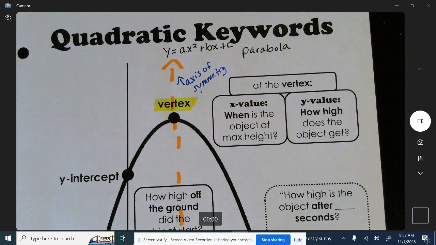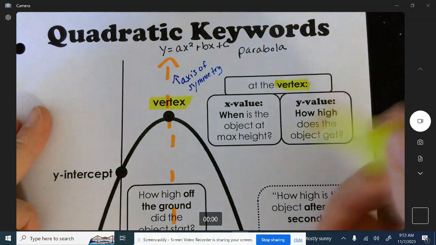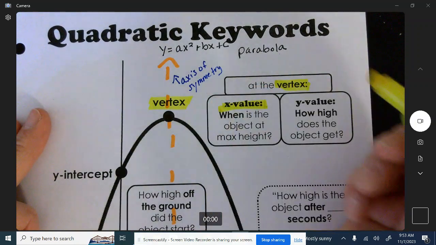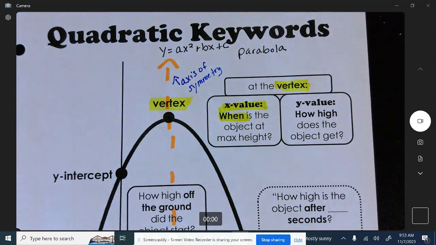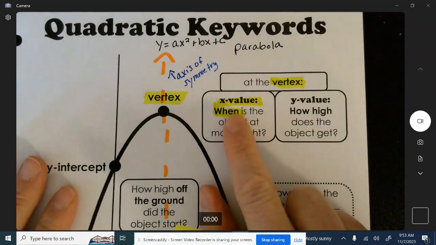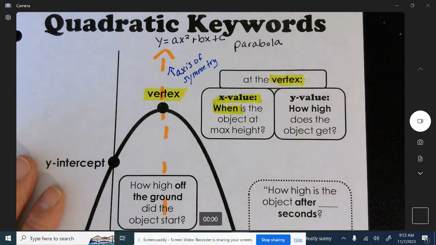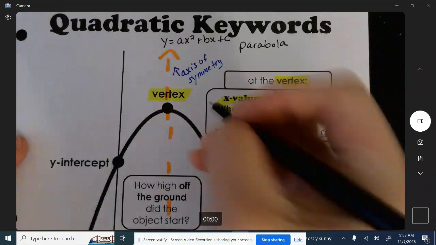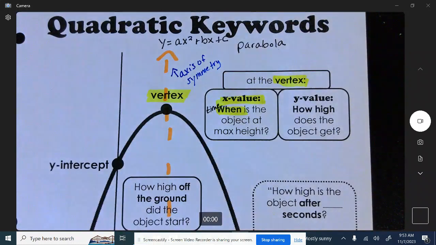Now, if we look at the vertex, the x value of the vertex is when the object is at its maximum height. This x represents time, so if you need to, write out time here.